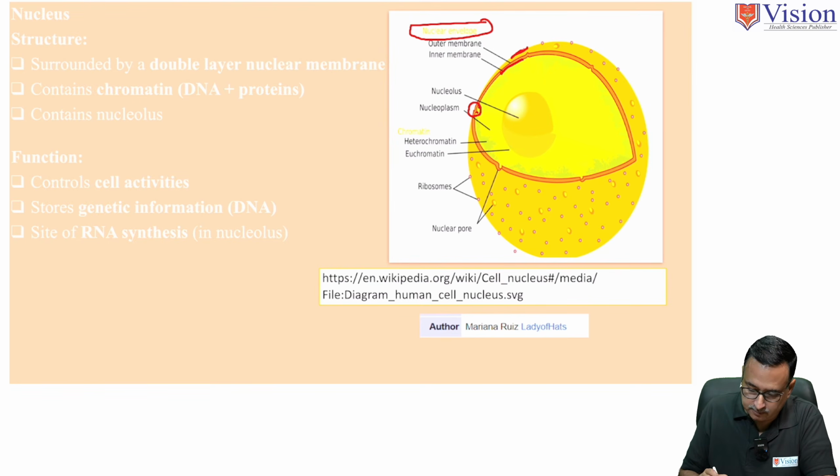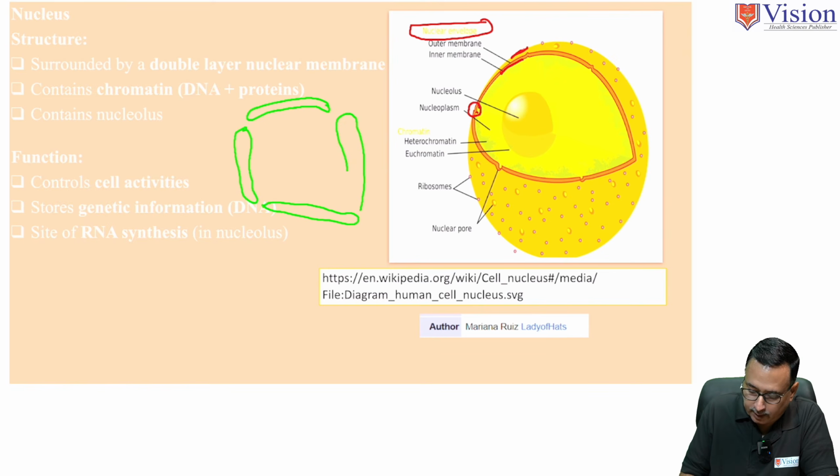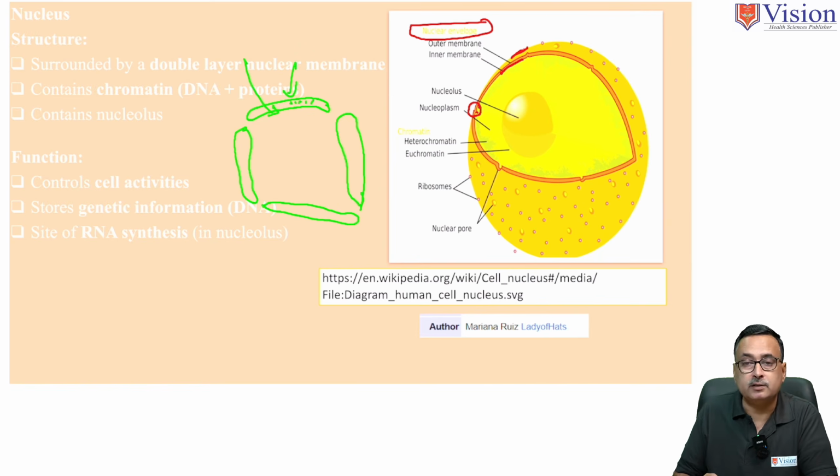If I draw over here, this is how the diagram represents it. So this is the outer nuclear membrane. This is the inner nuclear membrane. So this one is the intermembrane space, and this part is the nuclear pore.